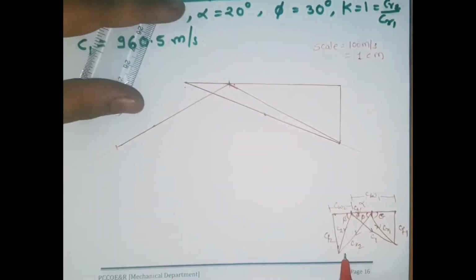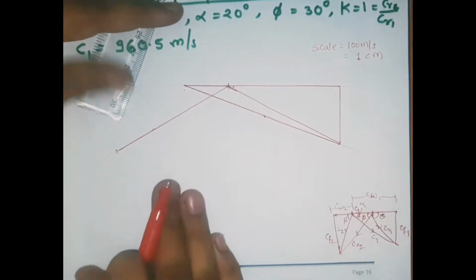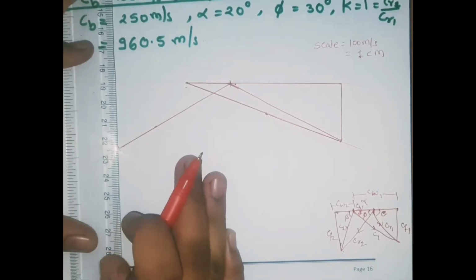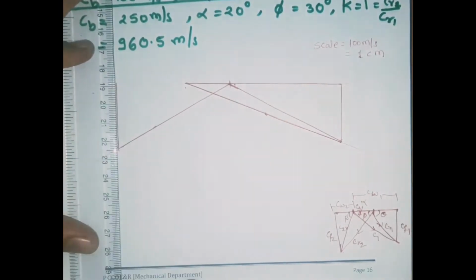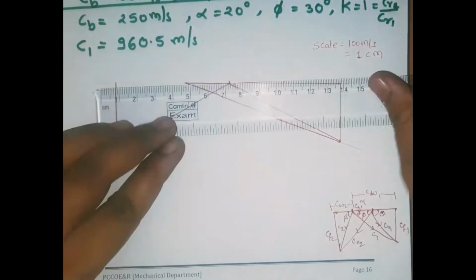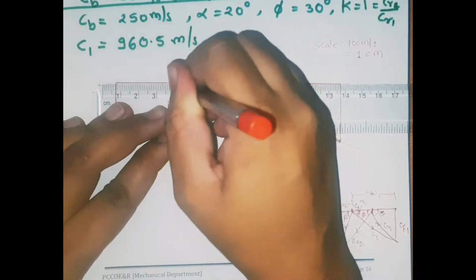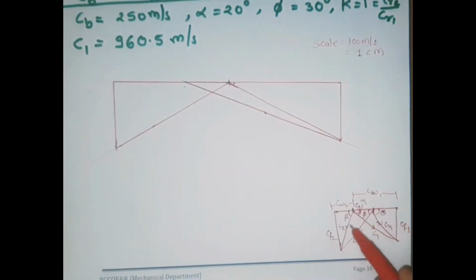Now again similarly, from this point if we draw a perpendicular, we will get the CF2. Now again join this so that we will get CW2. If we join this, we will get C2.